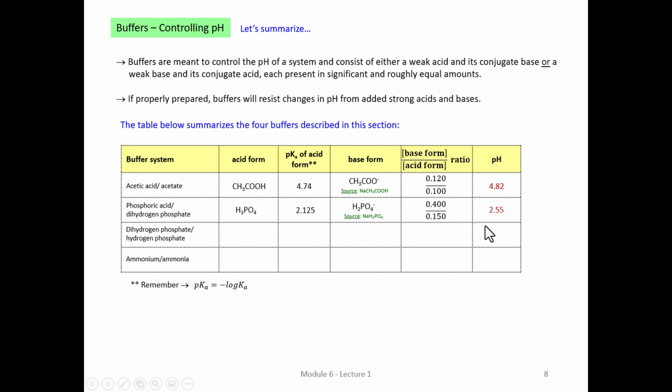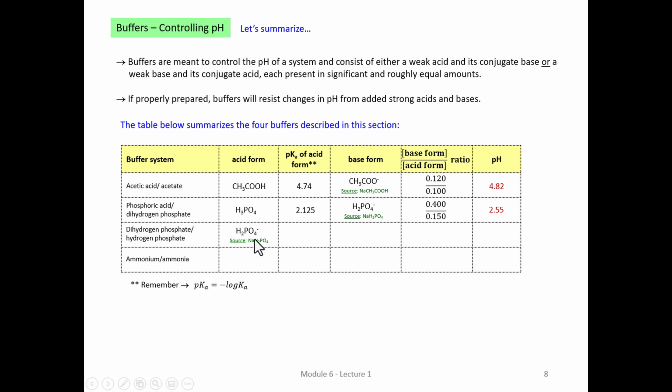For the dihydrogen phosphate hydrogen phosphate buffer, the acid form was dihydrogen phosphate. The source, again, was sodium dihydrogen phosphate. Again, note that the acid form in this buffer was the base form in the previous buffer. The pKa of the acid form here is 7.208.